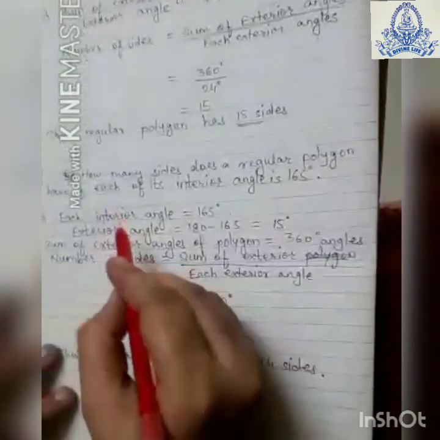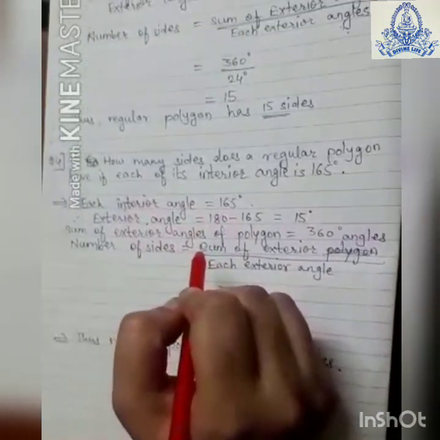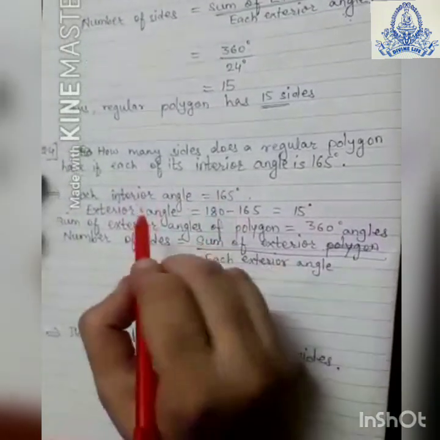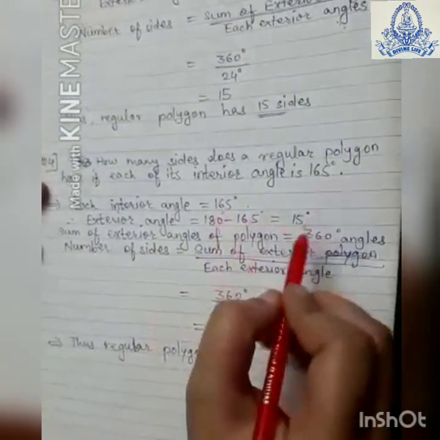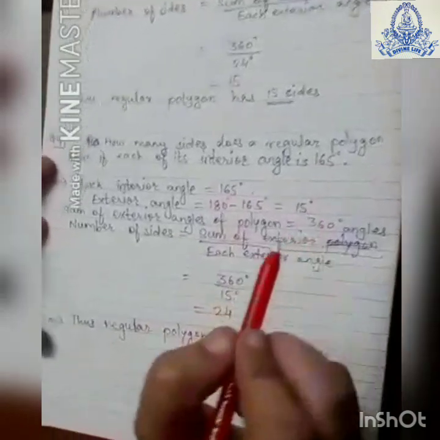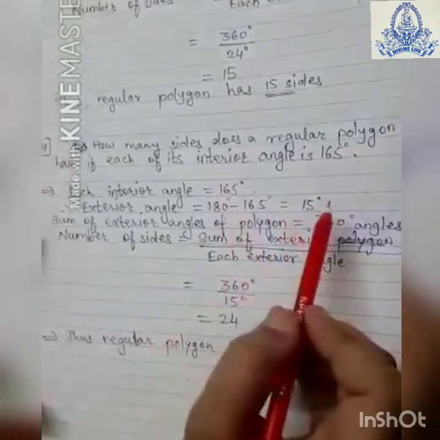Now see, each interior angle is 165 degrees. That means the exterior angle will be in a linear pair. So the exterior angle is 180 degrees minus 165 degrees, that is 15 degrees. So each exterior angle is 15 degrees.